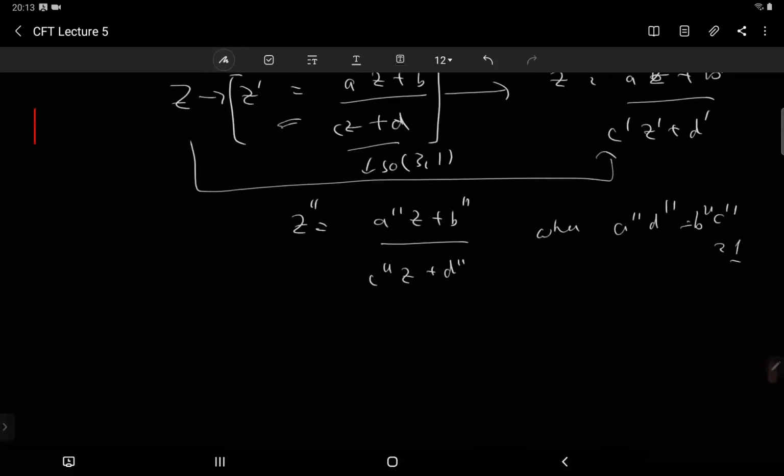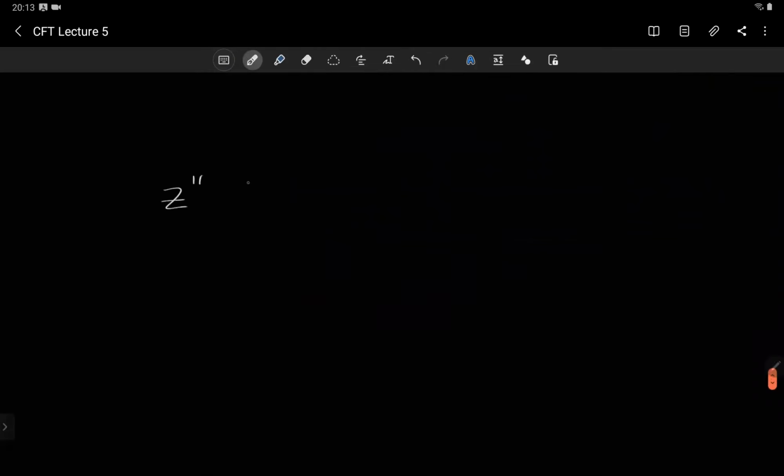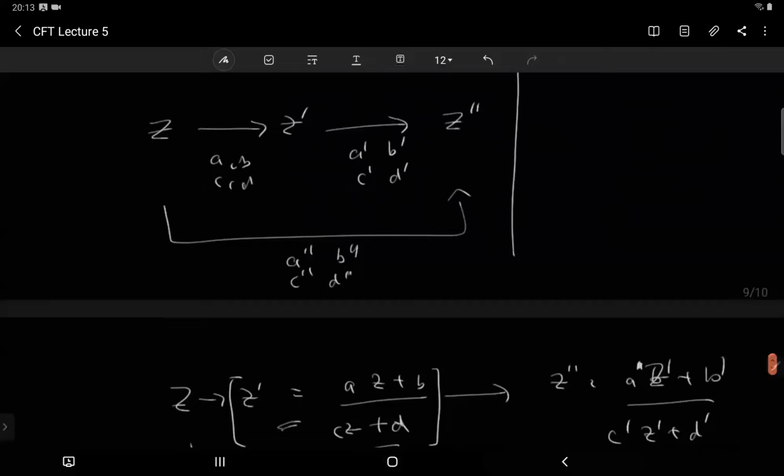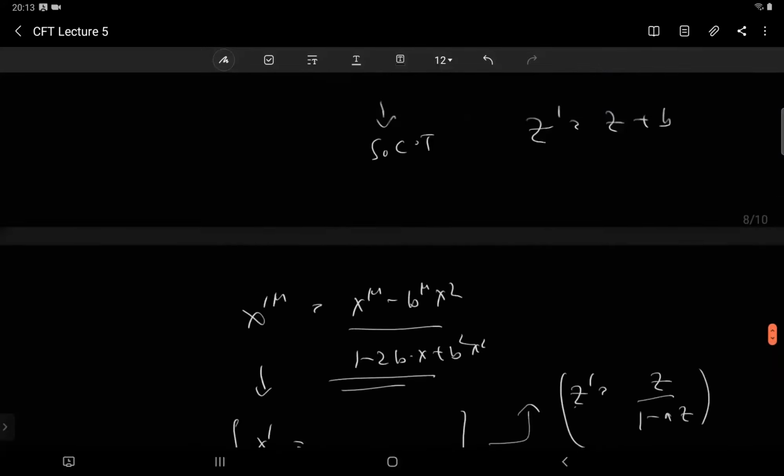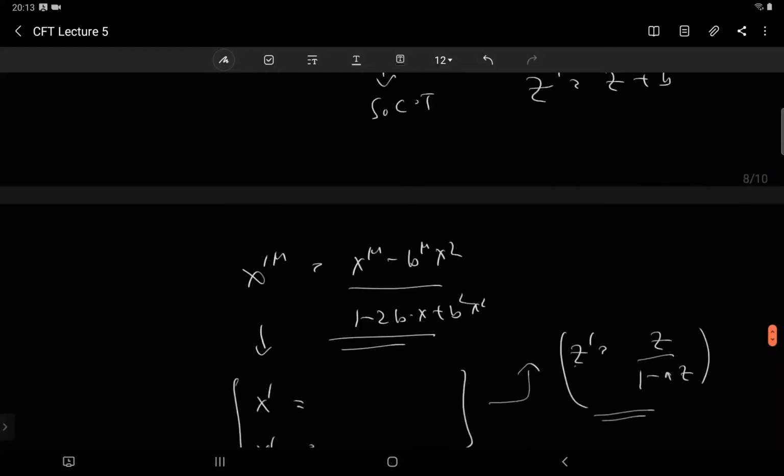If there's any question, please ask me. Sir, how can I say that it is SO(3,1)? Can you please repeat? Yeah. As I told you, as an exercise, you can show that this transformation is the same as this transformation.